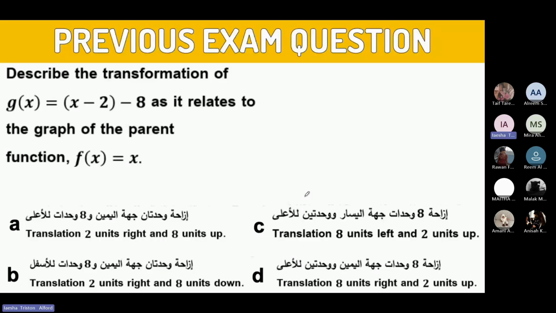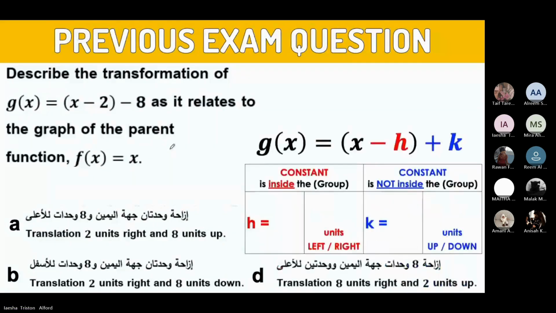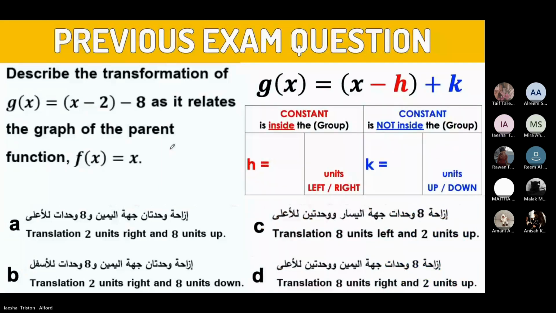Here's a question from an old exam. It says describe the transformation g of x is equal to x subtract 2 subtract 8 as it relates to the graph of the parent function. So, what number is h? -2, but it is +2. So 2 units what?